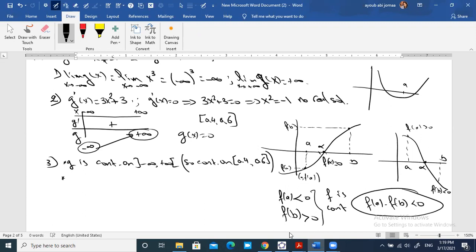And here is A, B. We have one solution in the interval AB only.